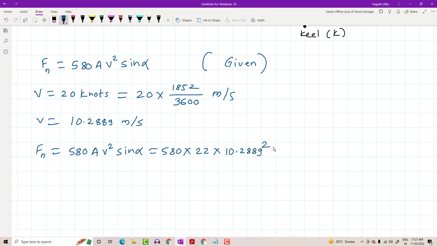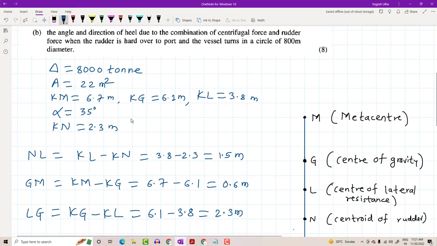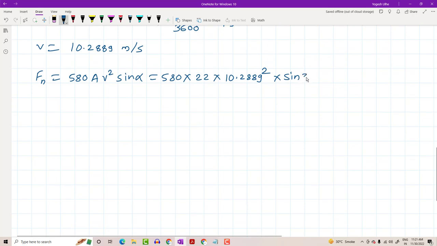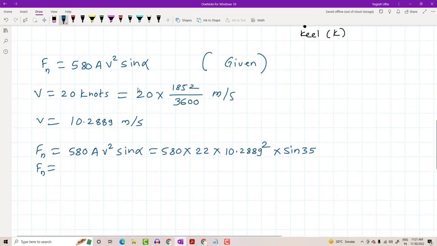10.2889 square into sin alpha. Alpha means rudder angle, and alpha is 35 degrees they have given us. Sin 35. So guys, do the calculation and tell me the value of Fn. Don't sit idle in the class. So 580 multiplied by 22 into 10.2889 square multiplied by sin 35.